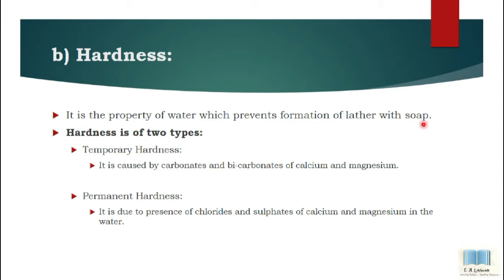Also, hardness is caused due to the presence of carbonates and sulfates of calcium and magnesium. Then hardness is of two types, that is temporary hardness and permanent hardness. Temporary hardness is caused by carbonates and bicarbonates of calcium and magnesium.